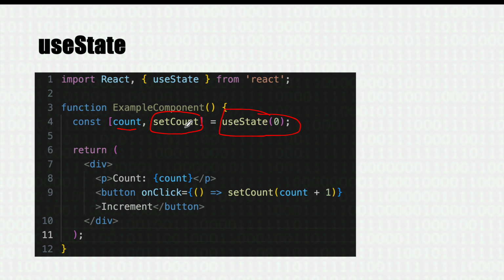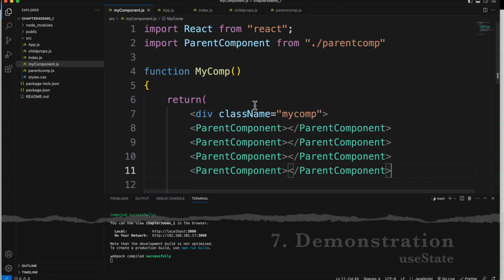If I have to update this state, I can say setCount(count + 1), and immediately the count would be incremented by 1. This is what useState does. It allows you to have the state, plus it allows you to update the state with the help of the set state function, which in this case is the setCount function. We'll see it with the example.